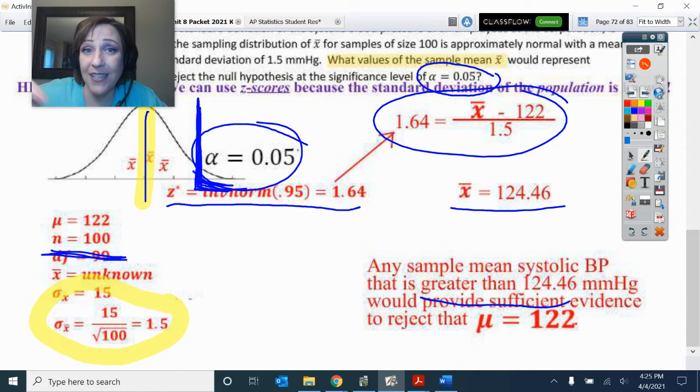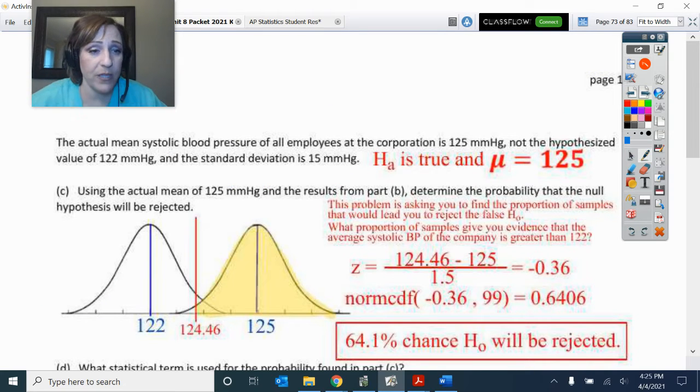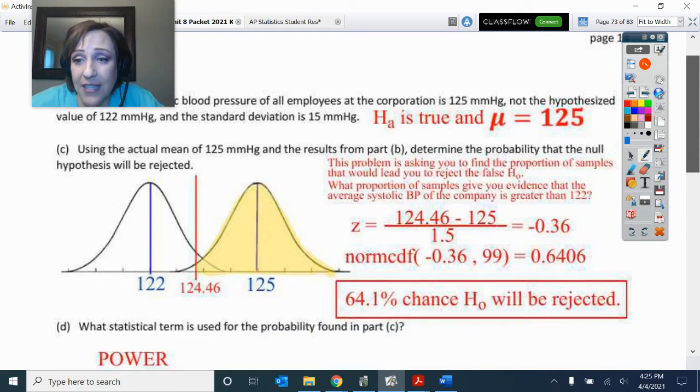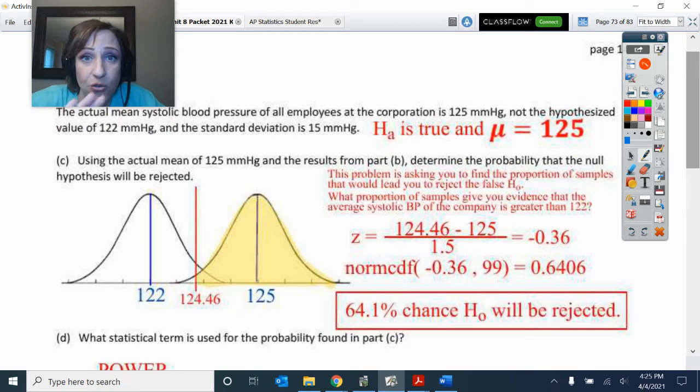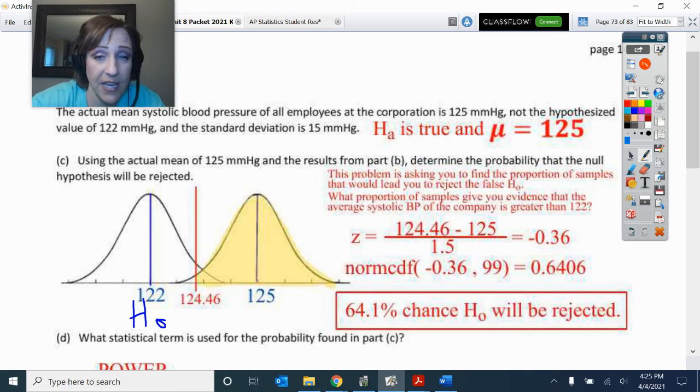Okay, so now let's see what happens from there. So from here, we say, now, look, the actual systolic blood pressure is 125. So I got to thinking to myself, okay, so I need to draw a picture. I'm a picture person. I got to see concretely what's happening. So this is your H0, and this is where the data would be centered if H0 is true, but it's not.